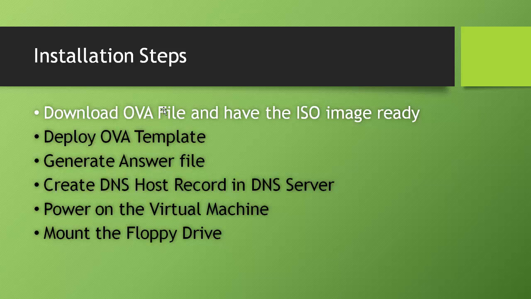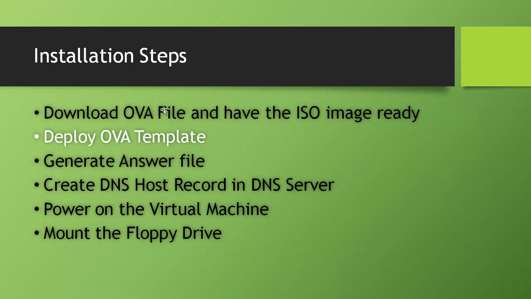If you're doing it for a lab and you don't have the native bootable format of the installation file, you can still download the ISO image, the upgrade packages, from Cisco, and make it bootable. It is not recommended for production, but for a lab you can still go for that. There are a lot of resources on the internet that show how to make your upgrade files into a bootable image. And then we would be deploying the OVA templates in the ESXi host.